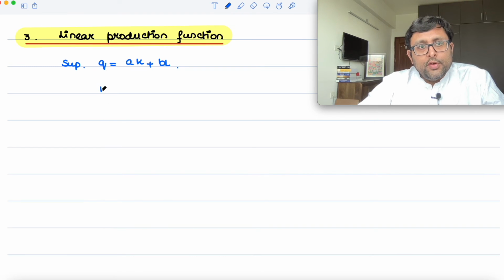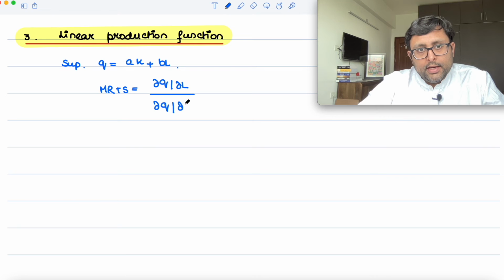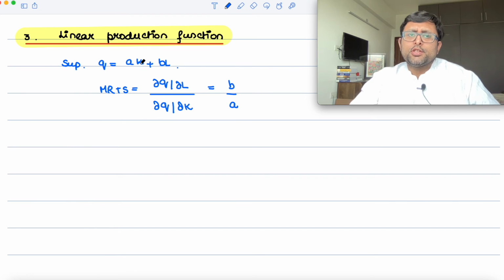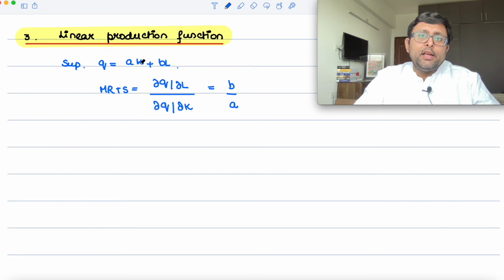So if you want to find the MRTS in this case, it is del Q by del L upon del Q by del K. Del Q by del L is B, del Q by del K is A, right? So all isoquants of such a linear production function, that is basically your capital and labor are perfectly substitutable. You don't see such things in real life, but supposedly if it is.